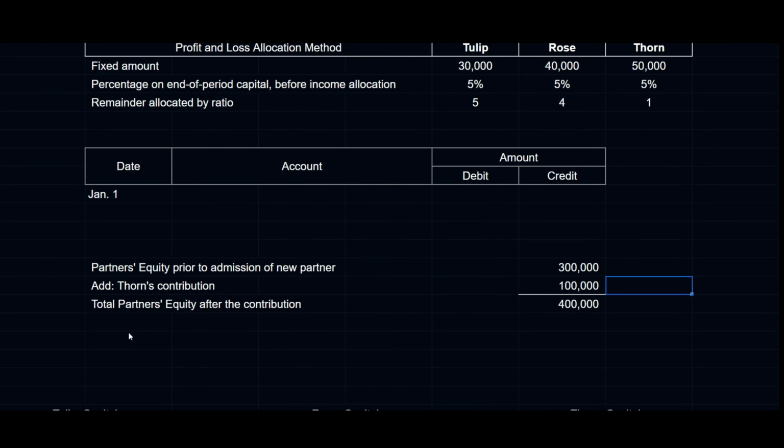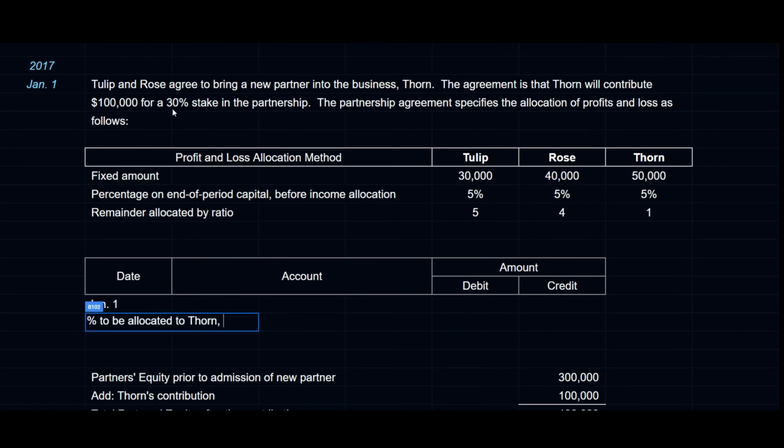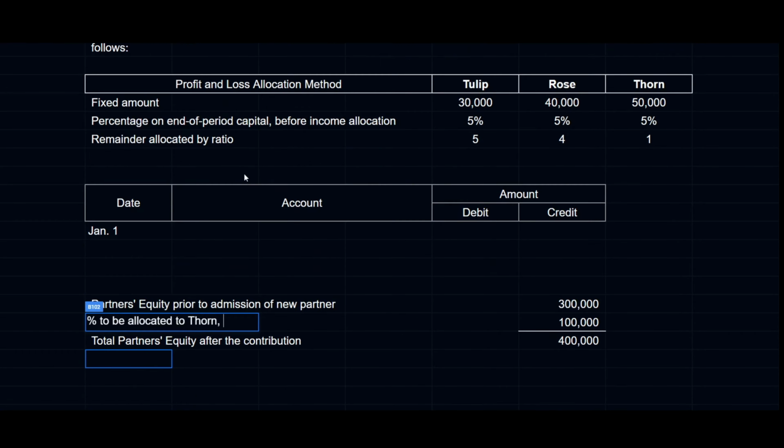The next step is to figure out, of that 400,000, how much is going to be allocated to the new partner, Thorn. Well, we know that the percentage to be allocated to Thorn was specified in the narrative. It says a 30% stake in the partnership.